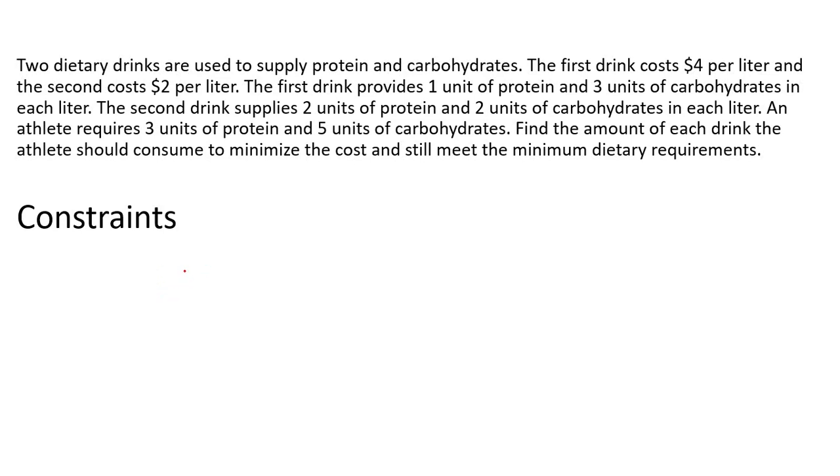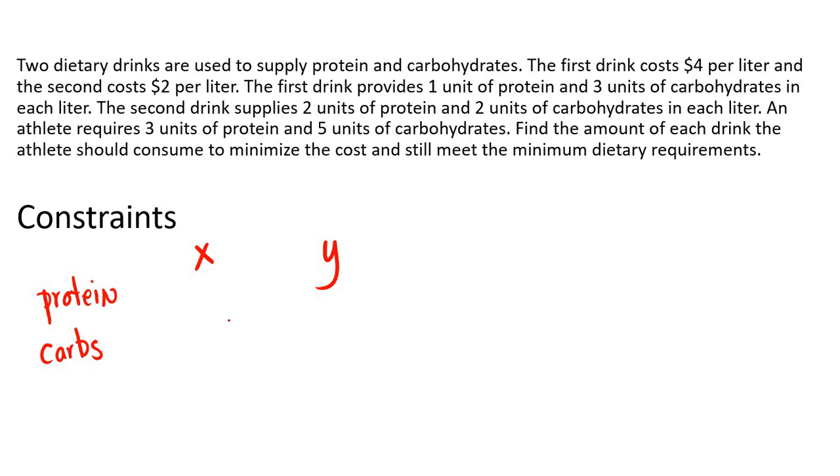To organize it correctly, we may use a table. So we have X, that would be our first drink, and our Y will be the second drink. And then we have here protein and carbohydrates, or that is our carbs.